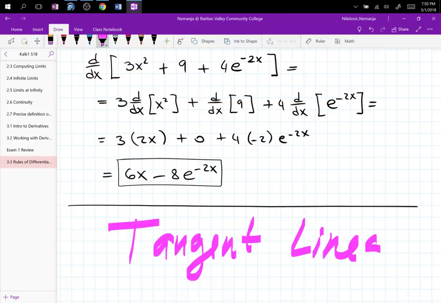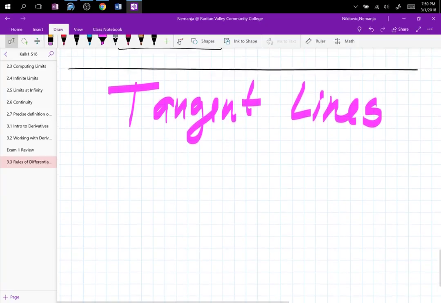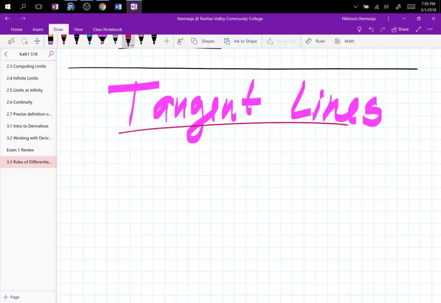Tangent lines. Tangent line is the central problem of Calculus 1. Tangent line is the one whose slope measures the change at the point. At every point of the function, the tangent line changes to adjust itself, obviously, unless the function is constant, in which case the slope of the tangent line is always 0.